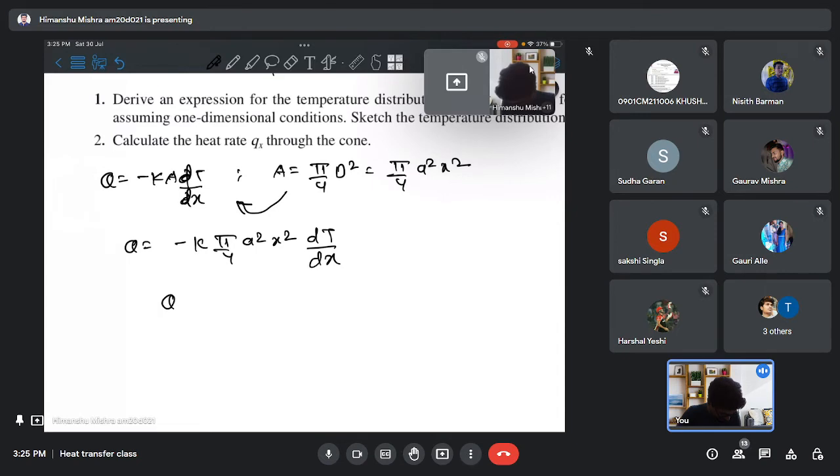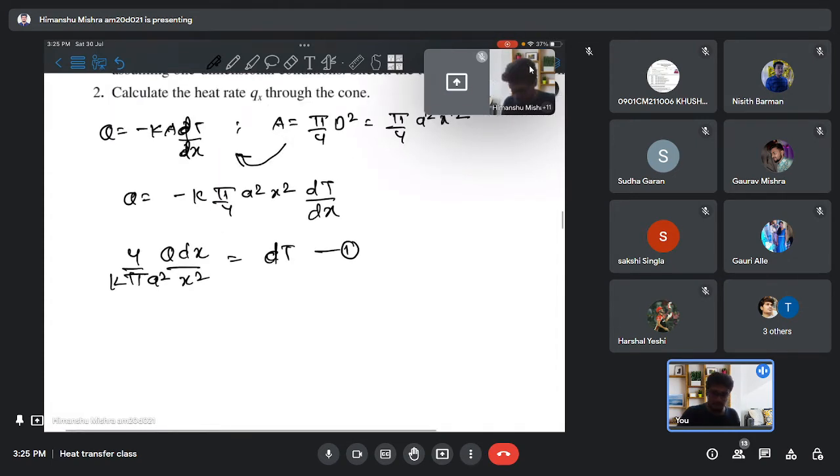So I can define this like q dx over x square, times 4 by pi a square k, equals dT. So this is my equation 1.